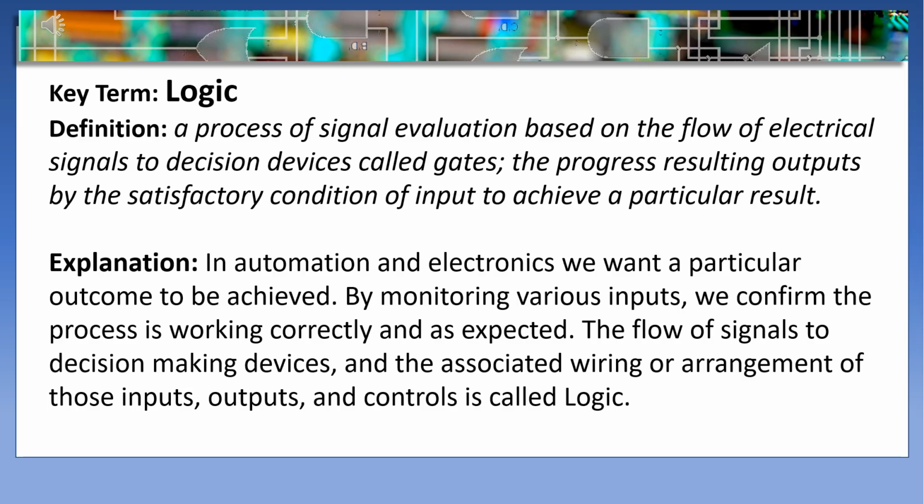What that basically means is, in automation and electronics, we want a particular outcome to be achieved. By monitoring various inputs, we confirm that the process is working correctly and as expected. The flow of signals to the decision-making devices and the associated wiring and arrangement of these inputs, outputs, and controls is grouped together and called logic.